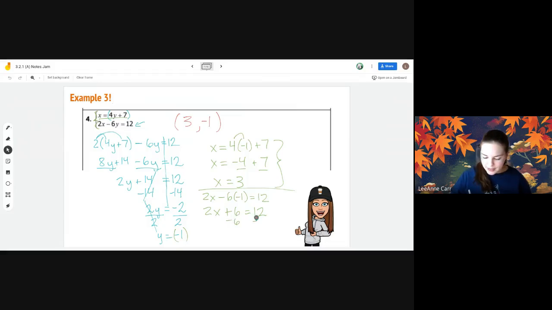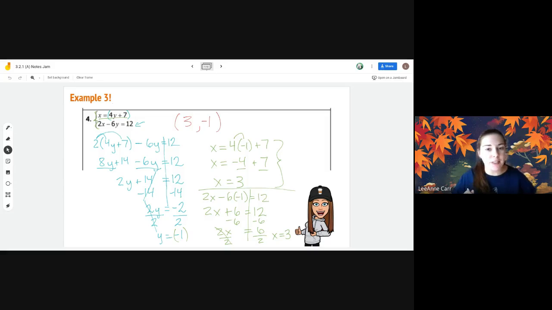Subtract 6 on both sides, and we get 2x equals 6. Divide by 2. And we would still get x equals 3, which just shows that it doesn't matter which equation you plug into. All that matters is that you plug it into the right spot and you solve correctly.